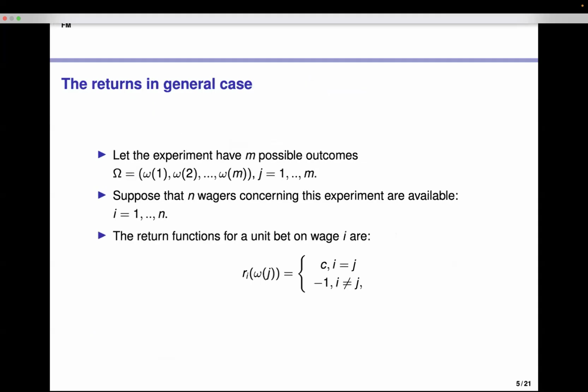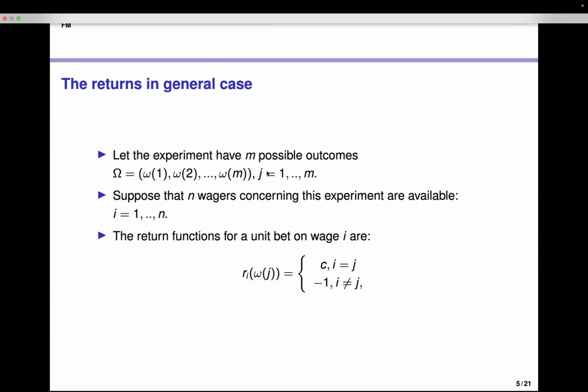Okay, so in the general case, we can consider an experiment which has m possible outcomes, with its probability space, and suppose that exactly n wagers concerning this experiment are available. So you see that m and n are different numbers.